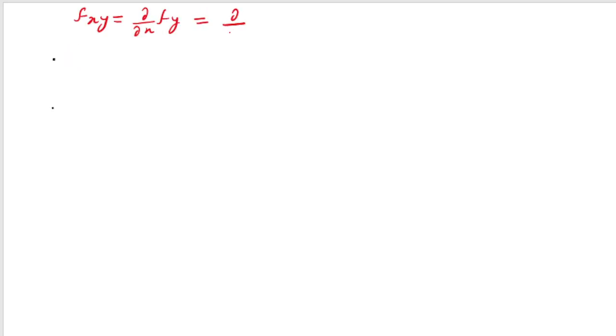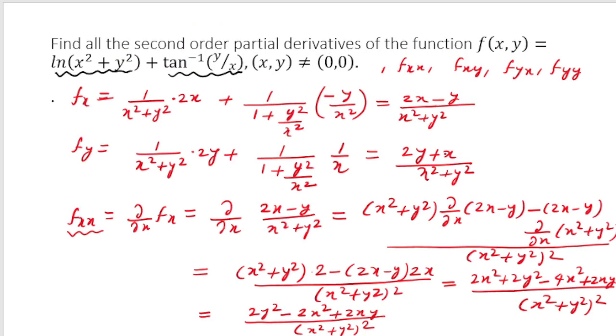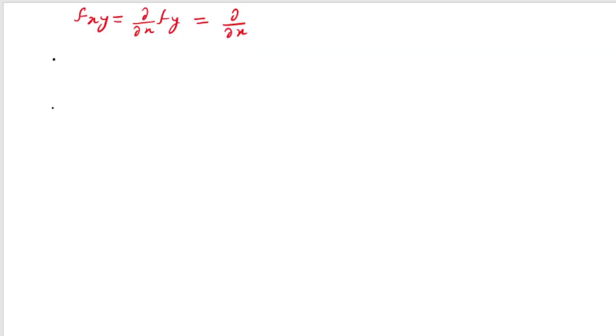So I will write del by del x, and what is fy? So fy is 2y plus x by x square plus y square. So I write 2y plus x divided by x square plus y square. So let us use the u by v formula.